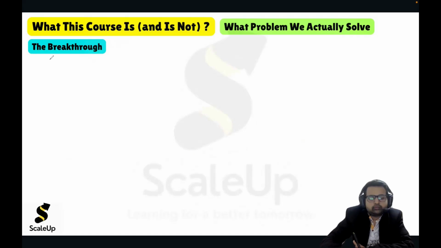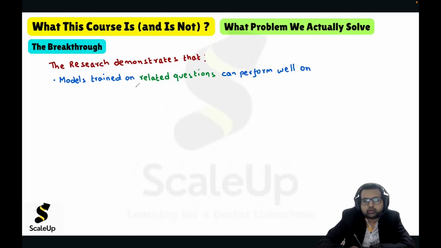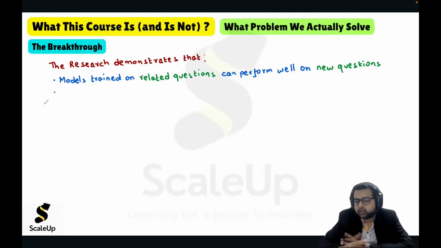Now, research demonstrates that models trained on related questions can perform well on new questions that are related to the ones on which the model was trained.